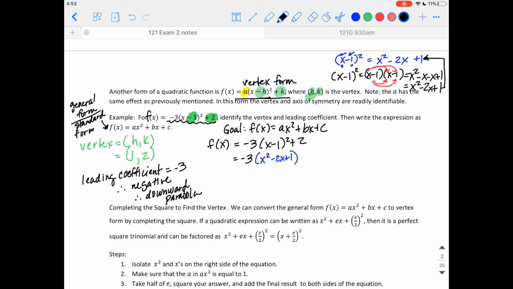Okay. So then I already substituted it here, and then I have a plus 2. And then I'm just going to start distributing here. Again, I'm going to try to make my equation look like my goal. So -3 times x squared is going to be minus 3x squared. Minus 3 times a minus 2x is a plus 6x.